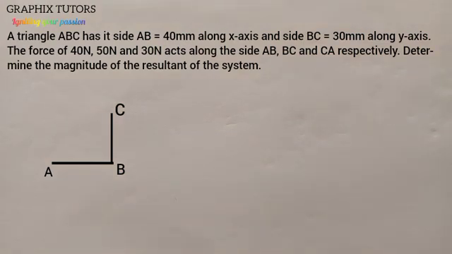Now it says after we move from A, we move to B. But B is also along the y-axis, and any vertical line that is standing straight is along the y-axis. And from B upward, we have another line. The end of the line is what? C. So that is along the y-axis.